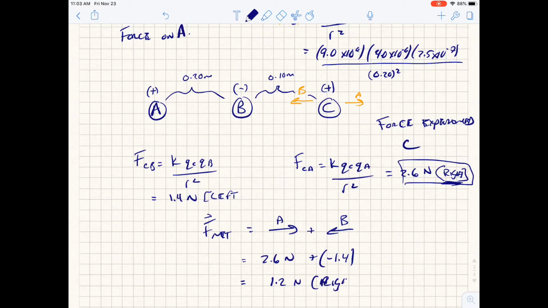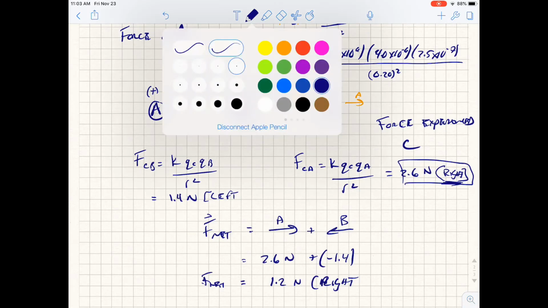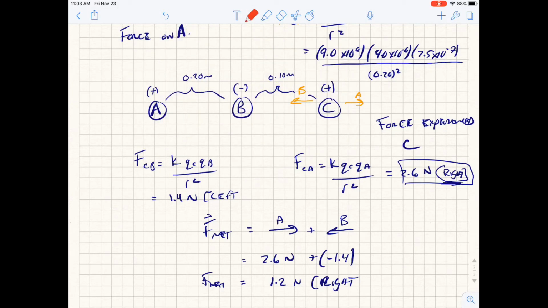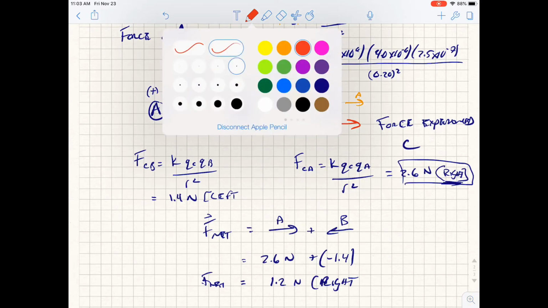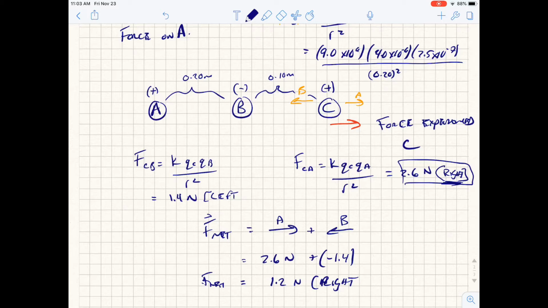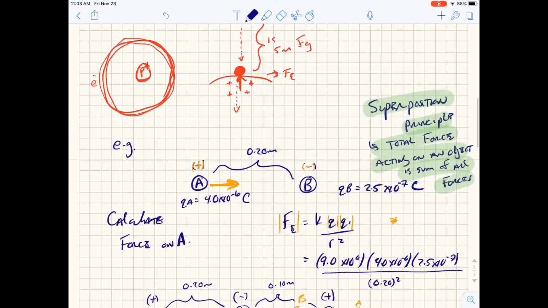That's not how you spell right. There you go. So the F net acting on C is going to push this charge that way, and it will accelerate, of course. You can see how important the R's are in this example. Okay, I hope that helps.